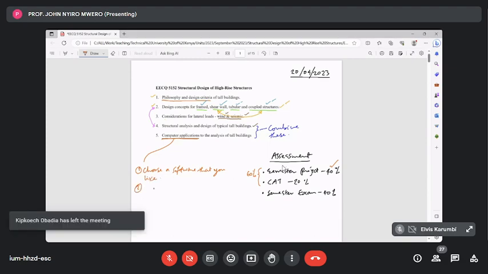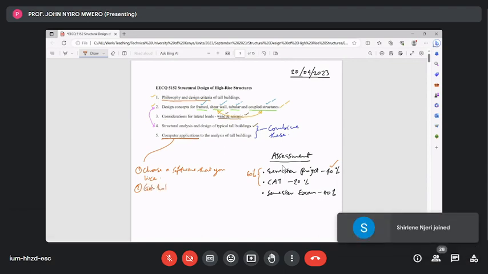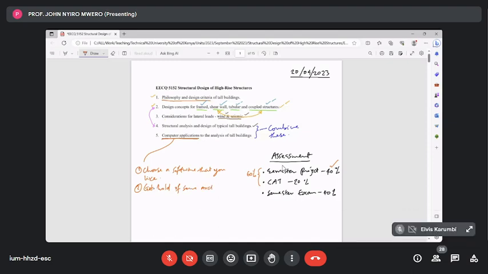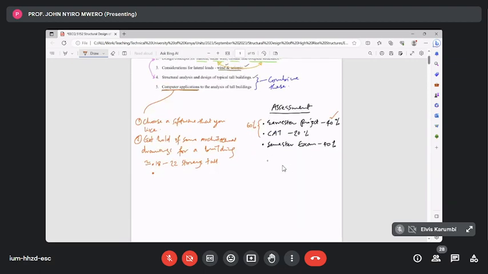Two, get hold of some architectural drawing for a building in the range of, let's say, 18 even to about 22 stories tall, preferably with one or two basements.